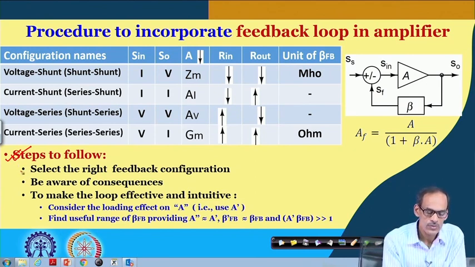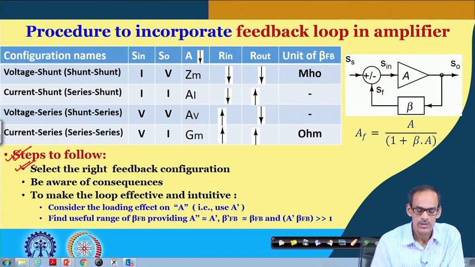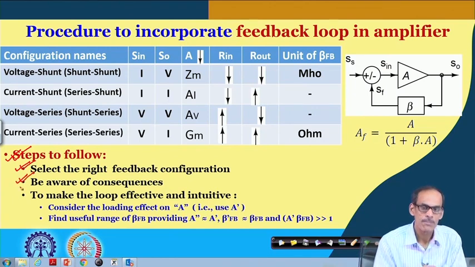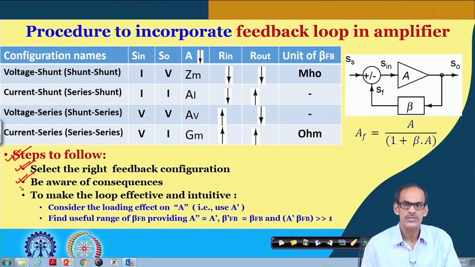First thing is that we have to select the right circuit configuration, and also we need to be aware of the consequences, what changes are happening not only in input and output resistances, but also in other parameters such as transconductance or voltage gain and so on.